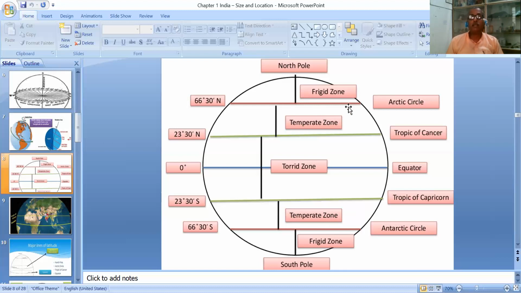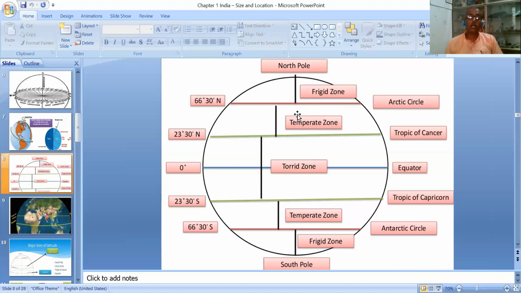The area from 66.3 degrees to the North Pole at 90 degrees is completely covered with snow. This zone we call the frigid zone, snow covered throughout the year. Here it is very important: 23.3 degrees to 66.3 degrees, north and south, both are called the temperate zone. Mainly weather phenomena will take place here.